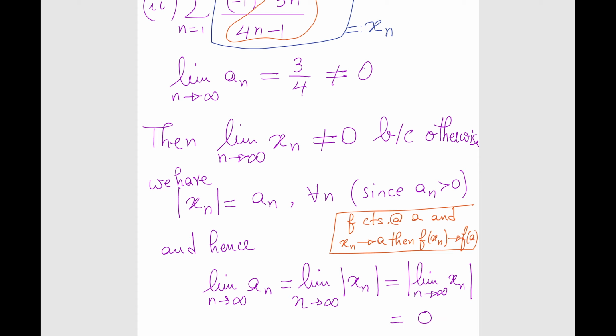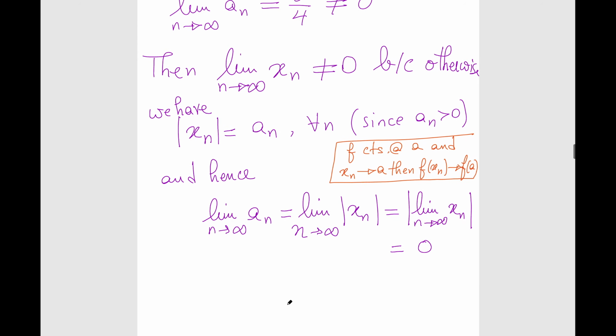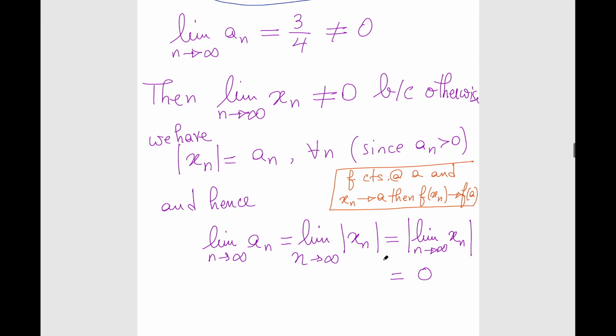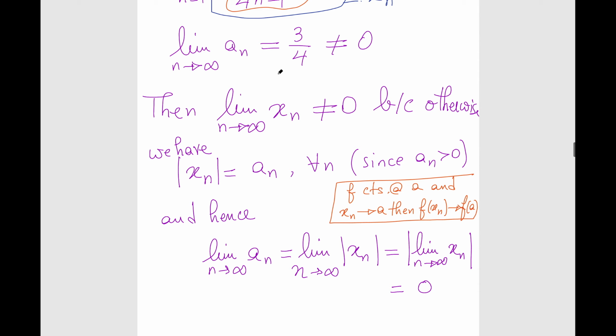Make sense? By this theorem, this is in the sequence section. All right. Okay, so we get this, and this is not true because an is 3/4, which is not 0. So this is a contradiction.